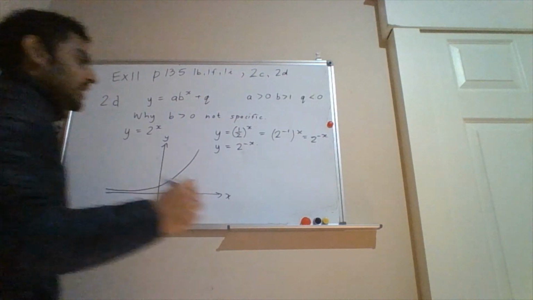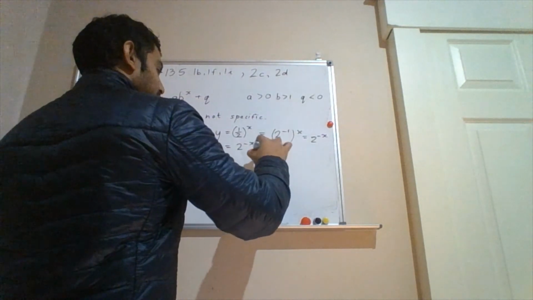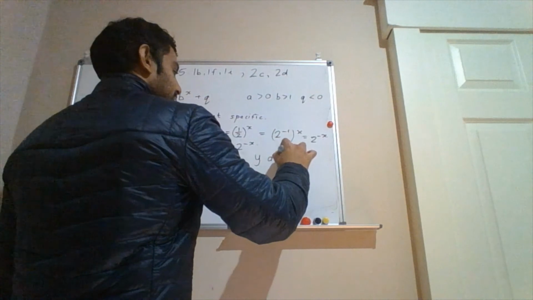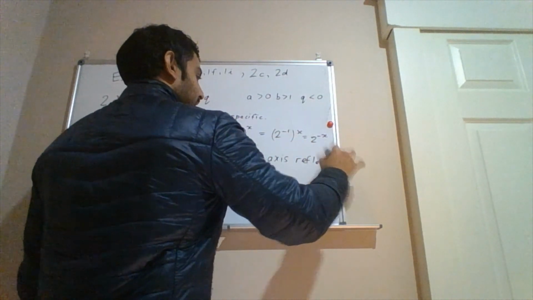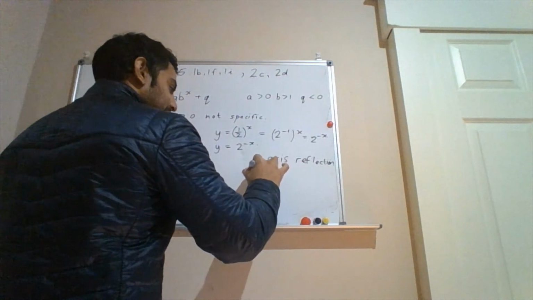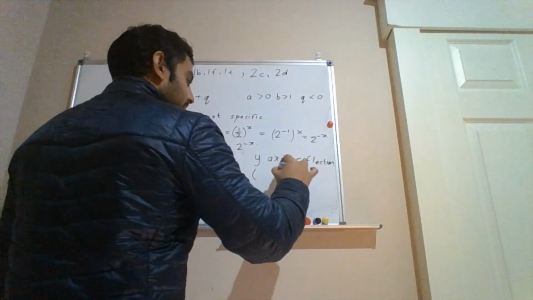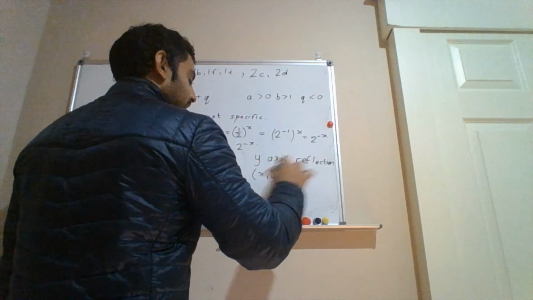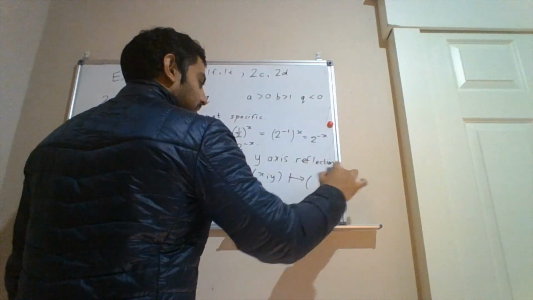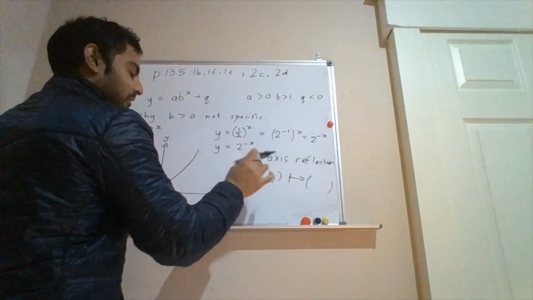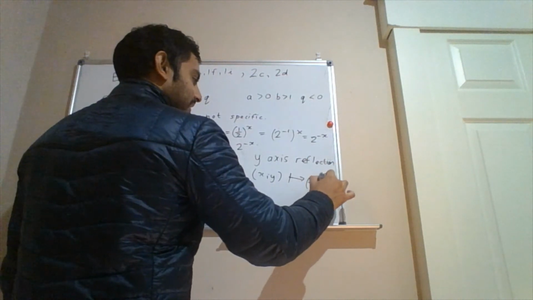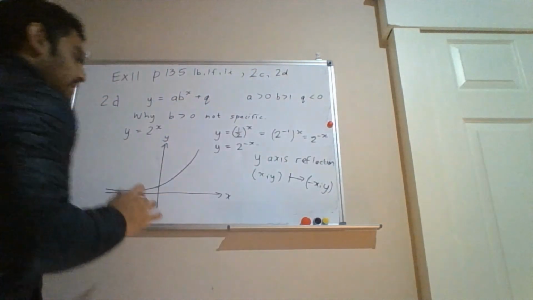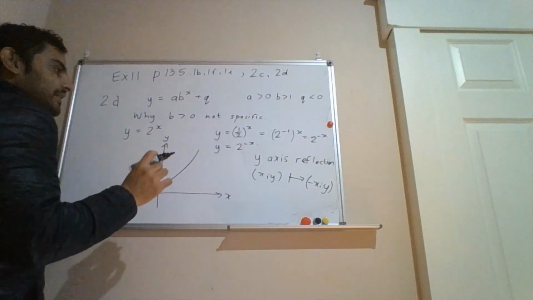So remember, with y-axis reflections, we keep y the same. So the transformation from our normal coordinate point is we keep y the same and we make x negative. So that's what we're doing in this equation.